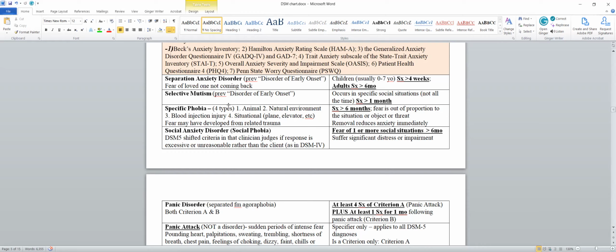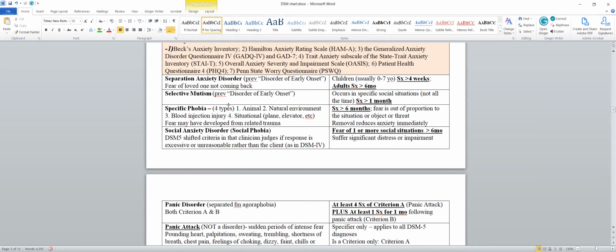Symptoms must last at least 6 months, and fear is out of proportion to the situation or object or threat, and removal reduces anxiety immediately. That's specific phobia.